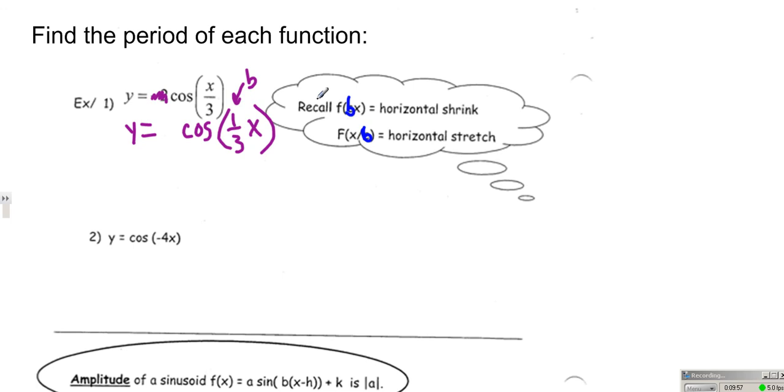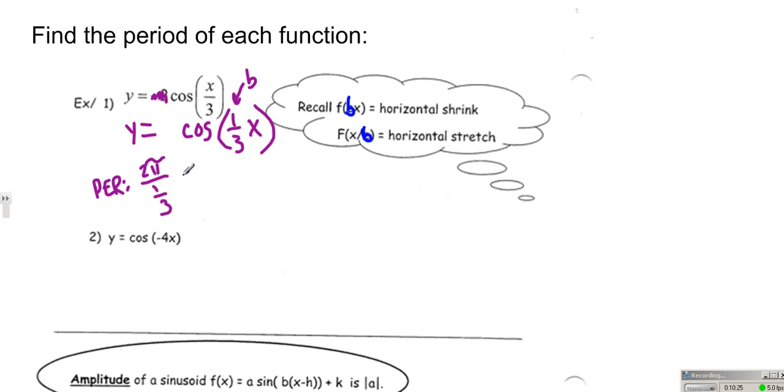Okay, so recall, and we're going to change that C to a B in both cases. That should have been a B. Recall that f of b times x is a horizontal shrink, and f of x over b is a horizontal stretch. So we're going to be stretching the period of our function. To find the period, we just take 2 pi, divide it by our b value.